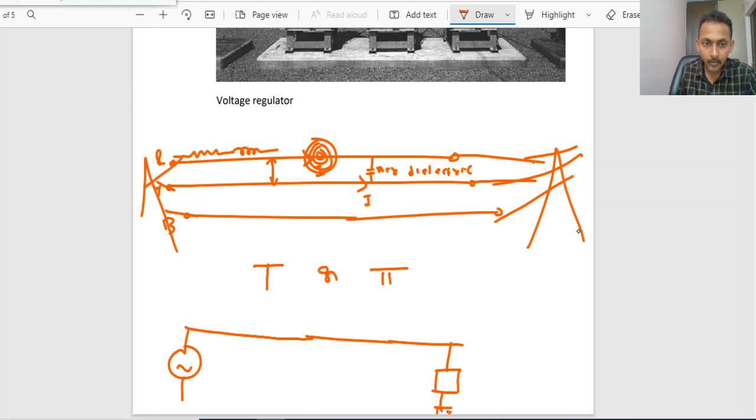But while representing this line, depending upon the T network or pi network, they will have some resistance and reactance of the line. Depending upon its entire length, a single value of resistor and reactance will be represented, and in shunt they will represent the capacitance. Again they will represent the resistance and reactance.